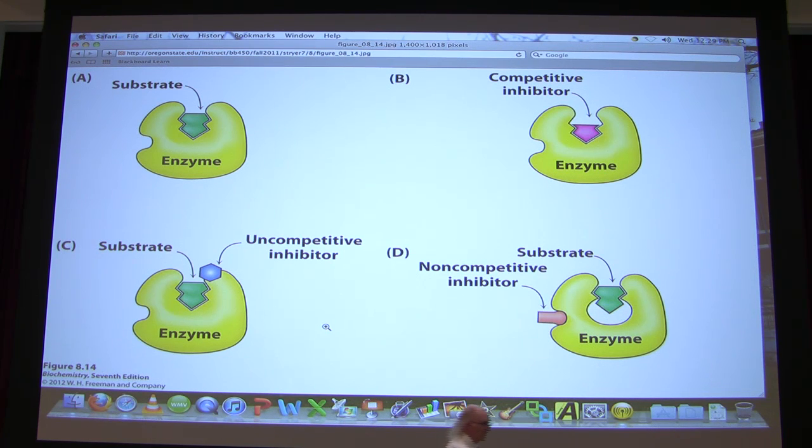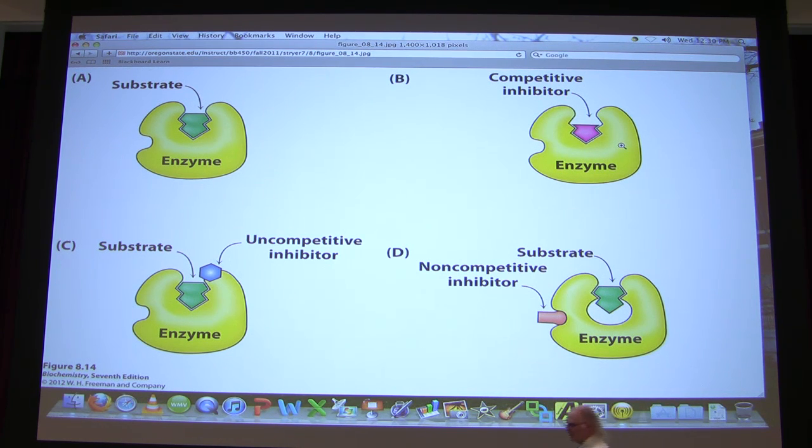Let's think about what happens with competitive inhibition. The word competitive tells us something is competing with something else. In the case of competitive inhibition, we have a substrate that looks like this, shown here in green.